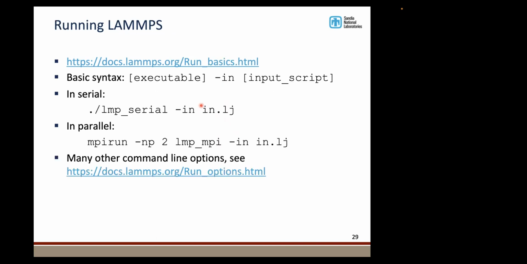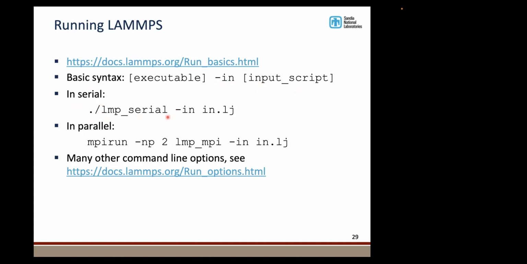Okay, so how do you run LAMMPS after you built it? Like I said before, there's documentation that you can look at, but the basic syntax is the executable and then -in for input, and then the name of the input script. So in serial, if you built this, this would be your binary LAMMPS executable.